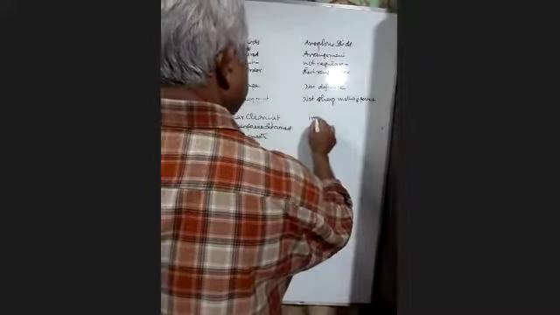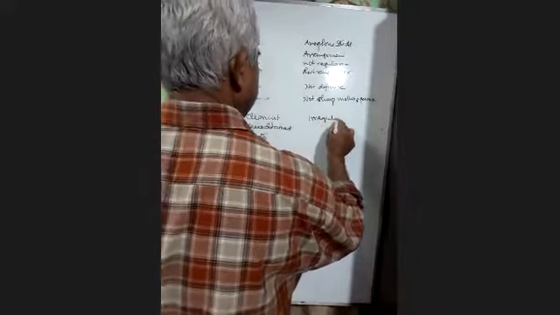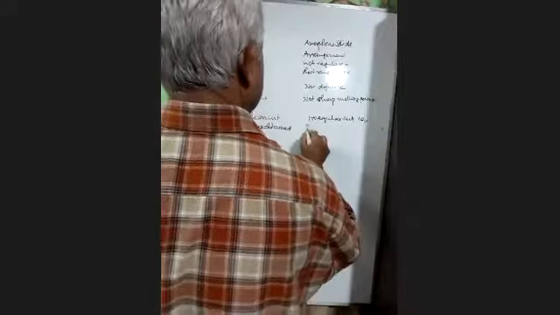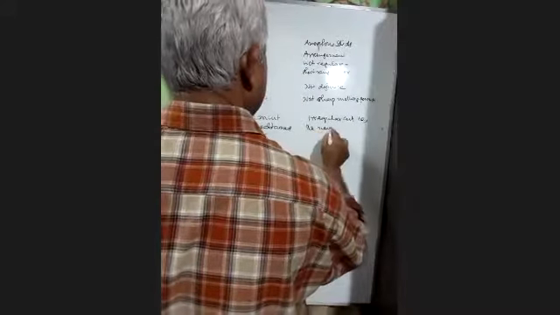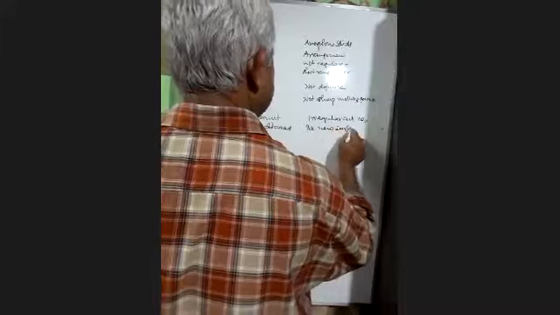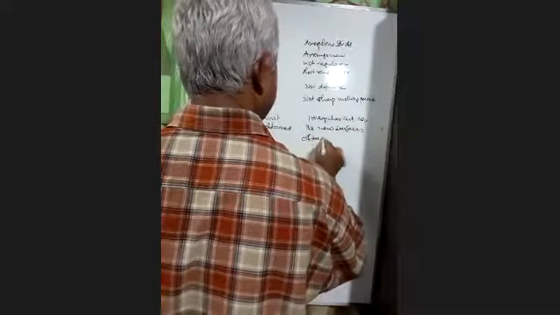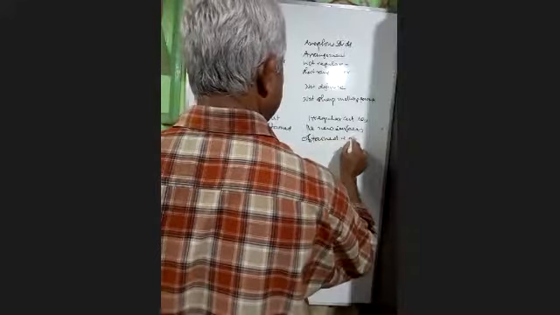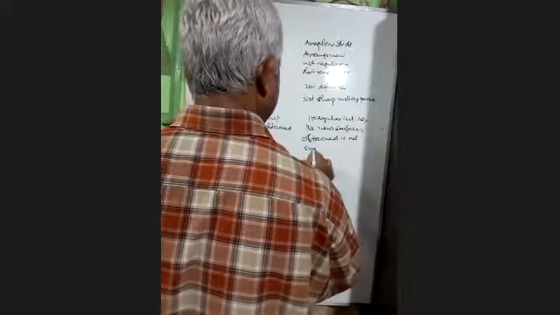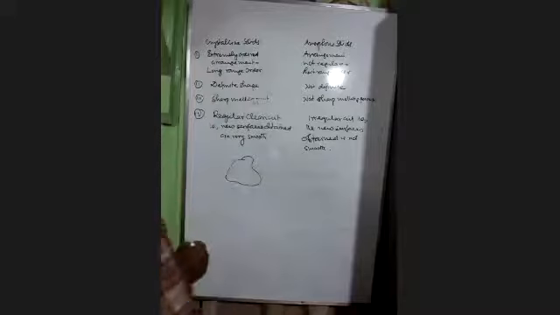So now if you go for amorphous solids, this will be an irregular cut. That is, the new surfaces obtained are not smooth. Take the example, you have taken a stone.